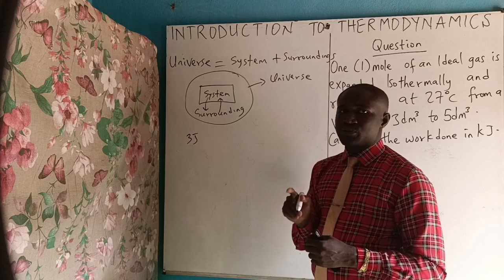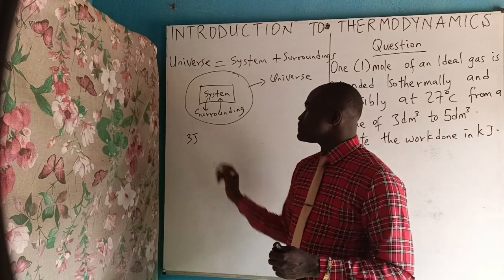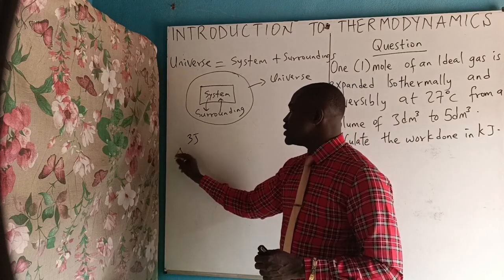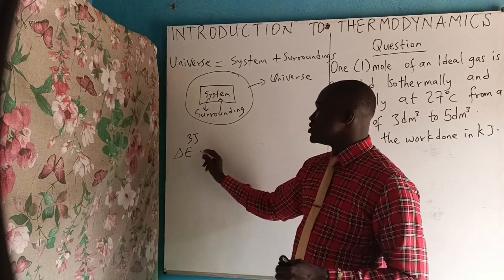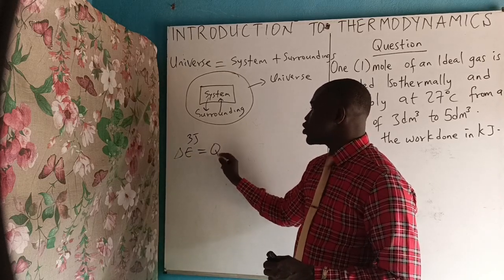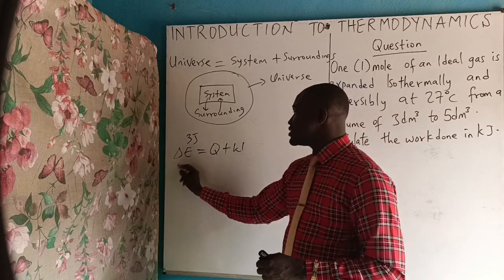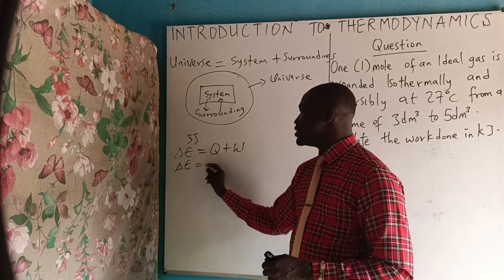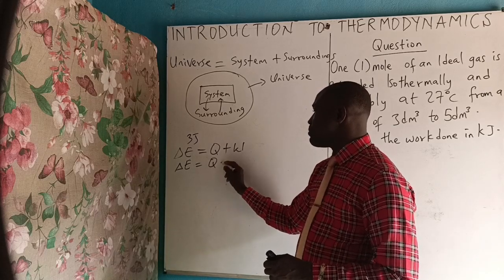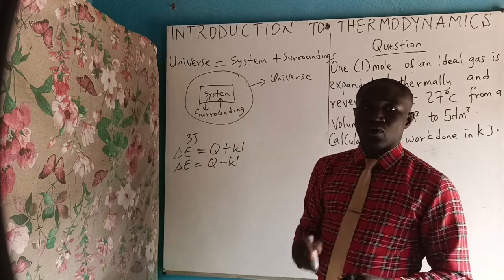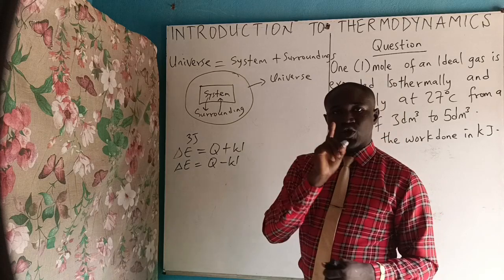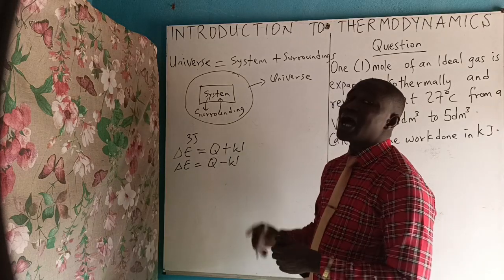In some textbooks, you will notice that we are told that change in the internal energy of a system is equal to Q plus W, whereas in some textbooks, you will notice that change in internal energy is equal to Q minus W. Question is, which of these is correct? Both are correct.